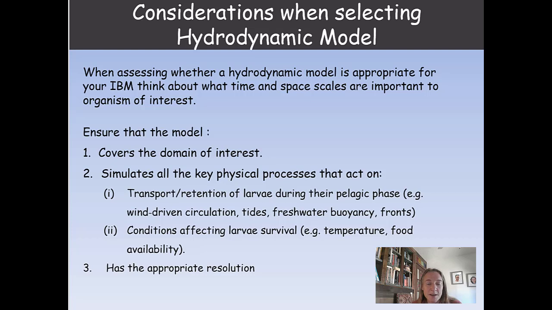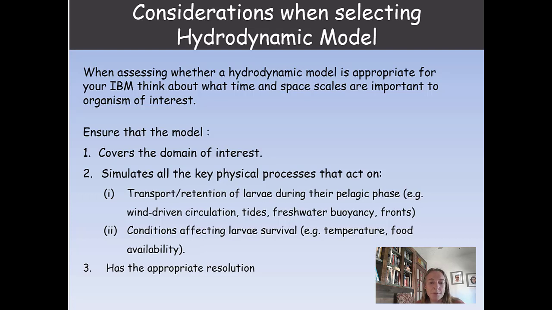For example, does it have the right transport mechanisms, tides, wind-driven circulation, freshwater buoyancy? Not all of these things are important to all individuals, but know your individual and what you think might be important for it. Also, does it get the temperature correct? Temperature can be very important for growth rates, for example. And are you simulating the right food source, if that's important for your individual?